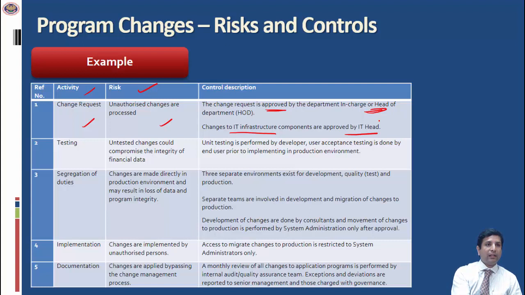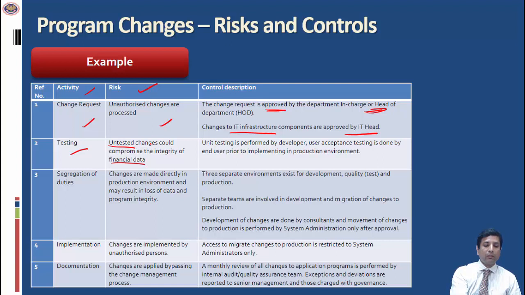Now let us see testing. During testing, what could go wrong? What is the risk? The risk is basically untested changes could be implemented which compromise the integrity of financial data. Now that is a big risk for financial auditors. So what is the control that is implemented?